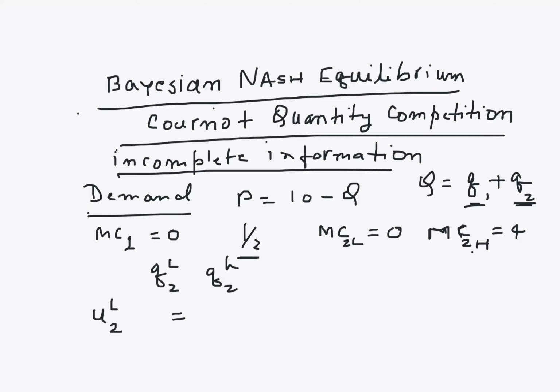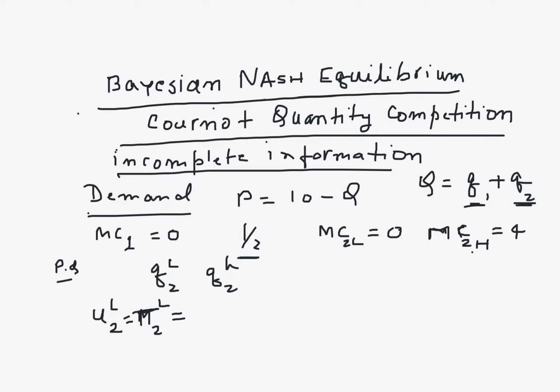So U2L is nothing but the profit of firm 2's low cost type, and that is basically total revenue minus total cost. So total revenue is price times quantity produced by firm 2, minus the total cost of production. Since marginal cost is 0, the cost is 0 here. So profit is basically equal to the total revenue, which is price times quantity.